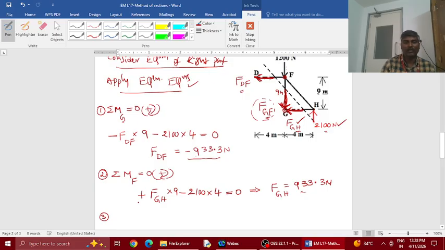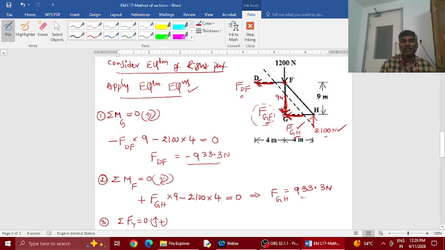So I can't use the moment equation. I have a vertical unknown force, so I shall use the sigma Fy equal to 0 equation. Any direction as positive, upward or downward. Now write the sum of all vertical forces on this right part equal to 0.